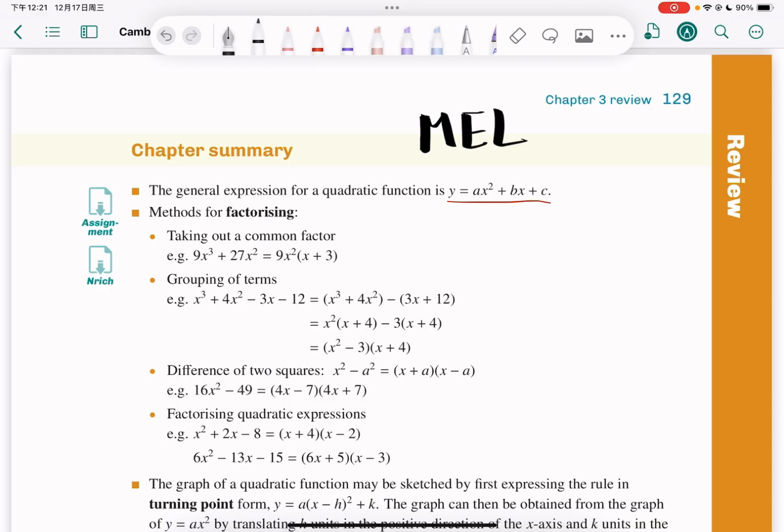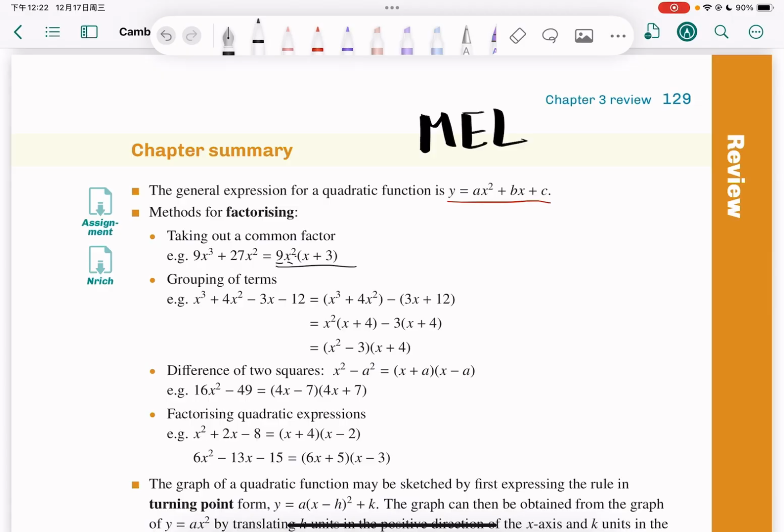So for this quadratic or general polynomial, when we want to factorize something, instead of the plus sign, we want the multiplication between each term. In this case, we have a multiplication between the constant 9, the x squared, and x plus 3.